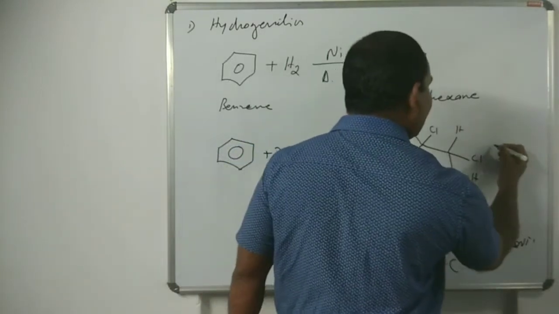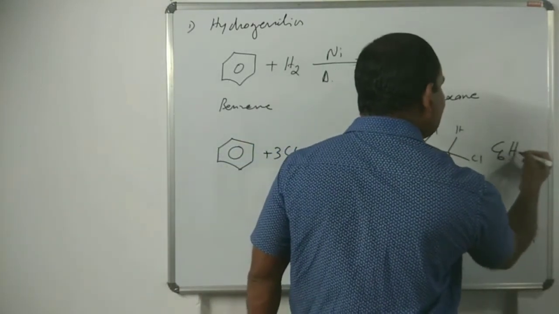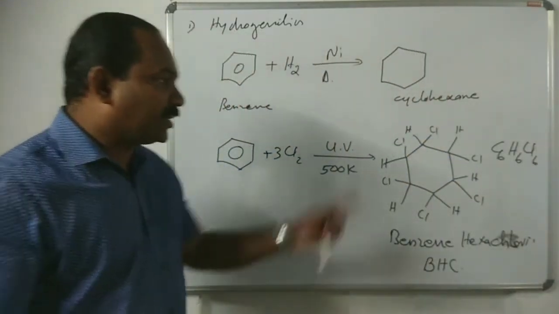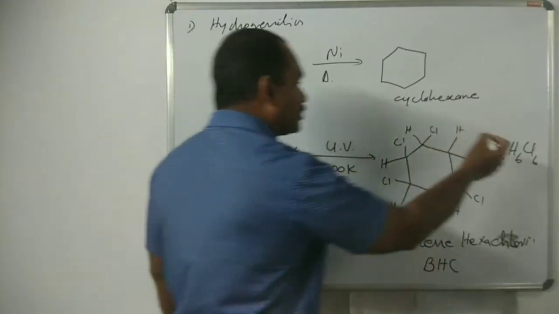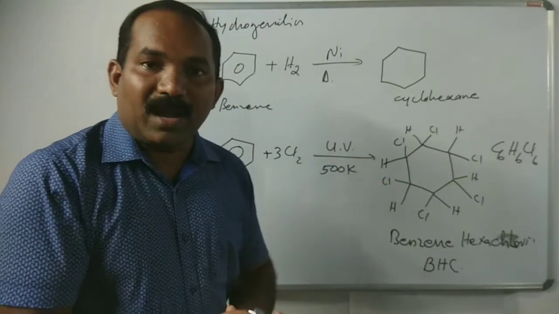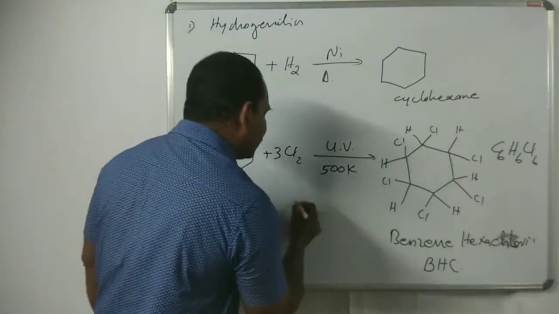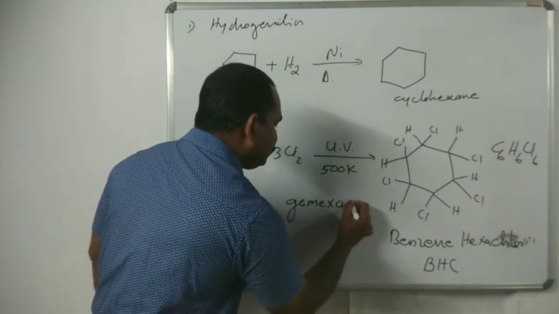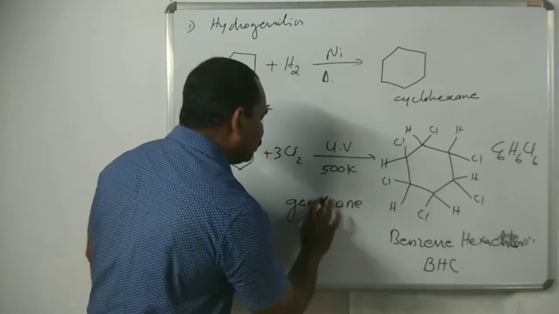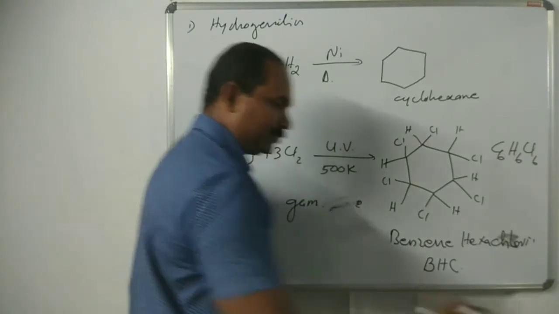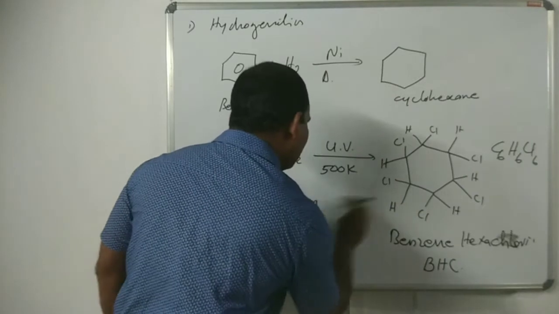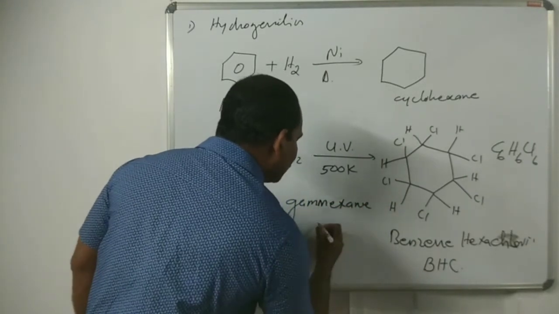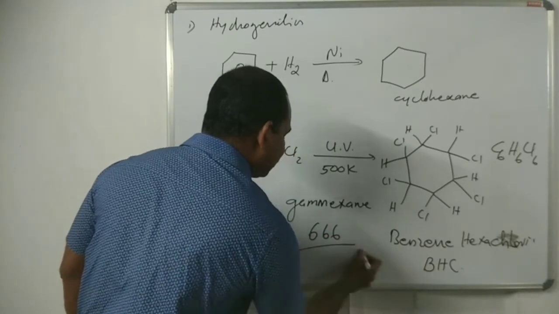The compound formula is C6H6Cl6. And the commercial name of this insecticide is gammexane. The commercial name is gammexane. And also it is known as 666.